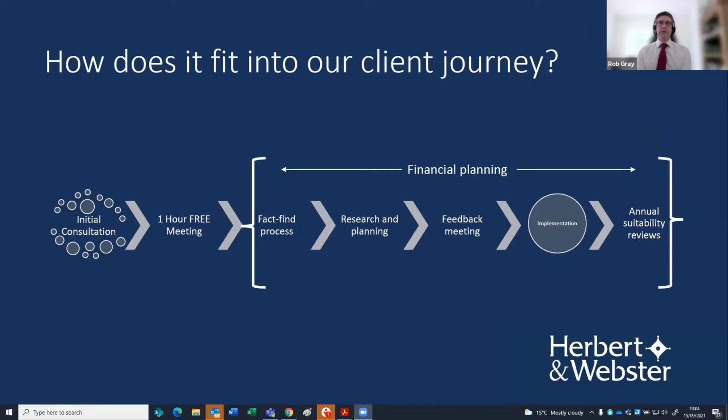Through our research and the feedback meeting, we'll build the financial plan for the clients. Then we have implementation, where we usually recommend particular products to try and achieve their plan, and we review it at the various annual reviews. So financial planning encompasses a large range of what we're doing for clients.